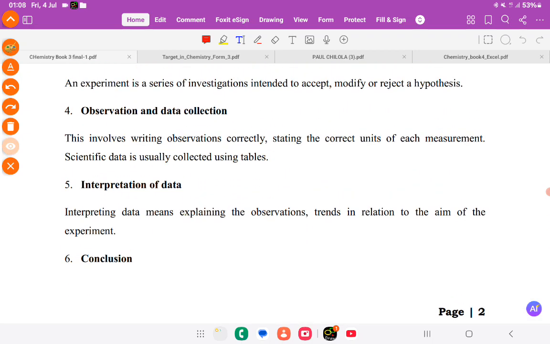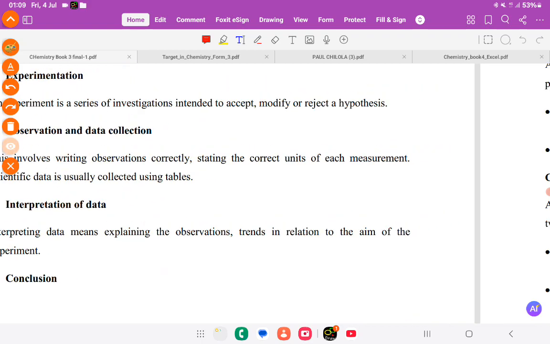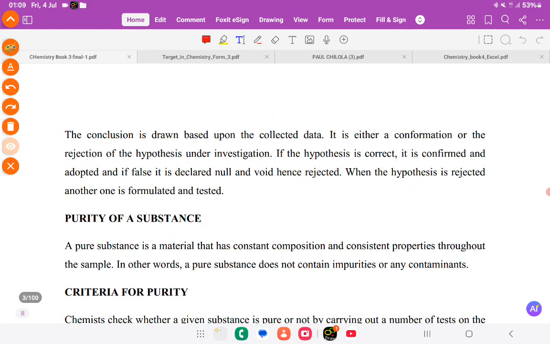Last but not least, you have to make a conclusion. All right, so you look at the trends and the results, you interpret accordingly, and then try to deduce, okay, this observation could be because of such a factor. All right, so you make a conclusion. Now the conclusion must be attached to the hypothesis that is made.